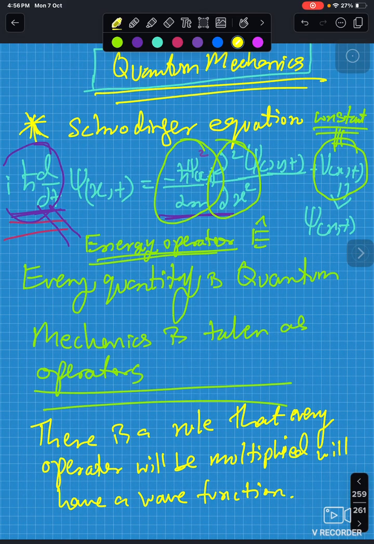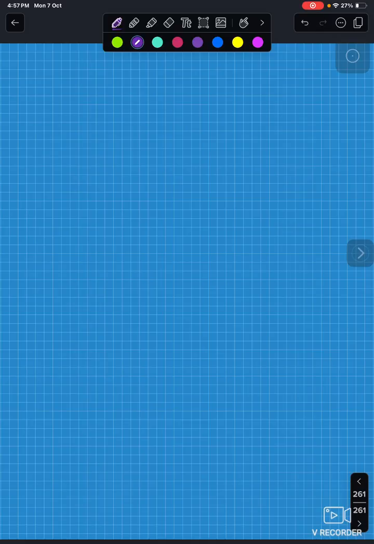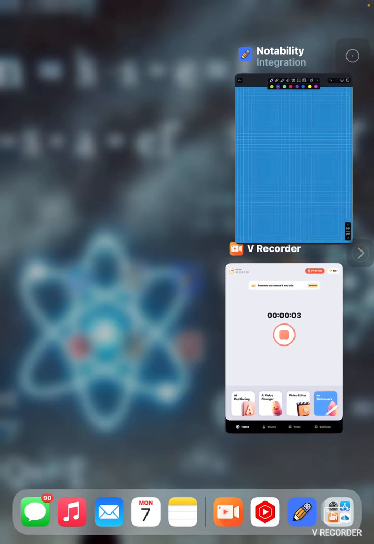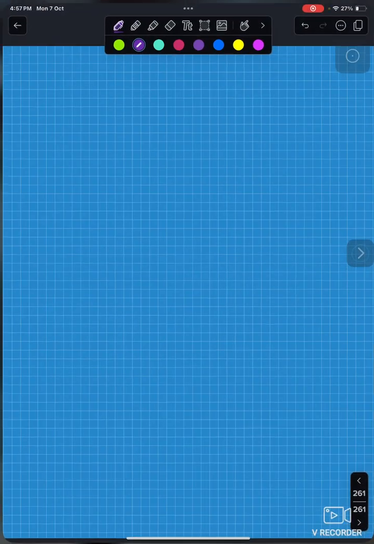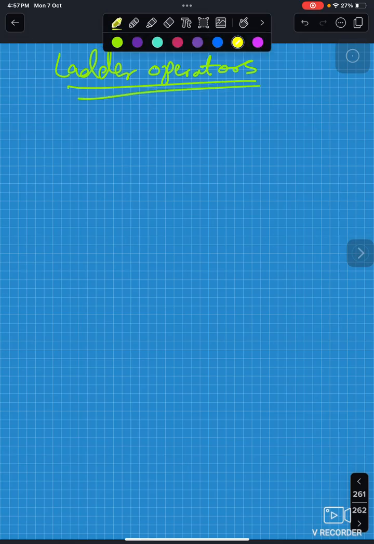Then we have, I think we talked about, the Schrödinger equation. This is the main equation of quantum mechanics. Then let's talk about ladder operators.